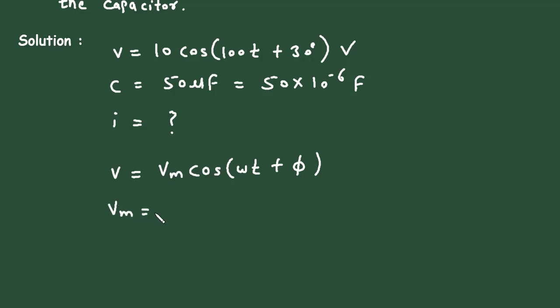So here Vm is equal to 10 volts, omega, which is the angular frequency, is equal to 100 radian per second. Then the value of phi is equal to 30 degree.